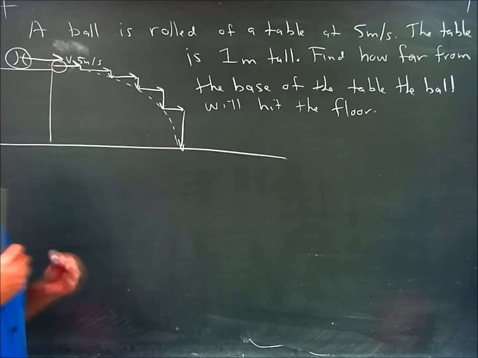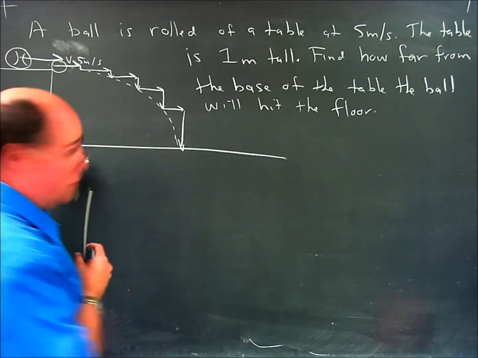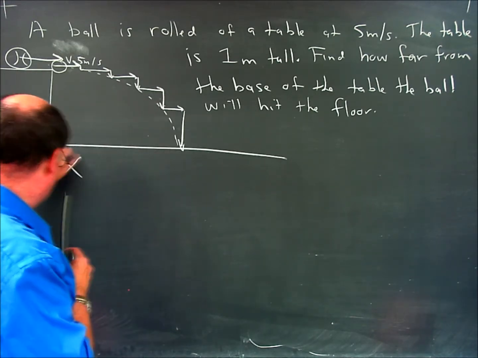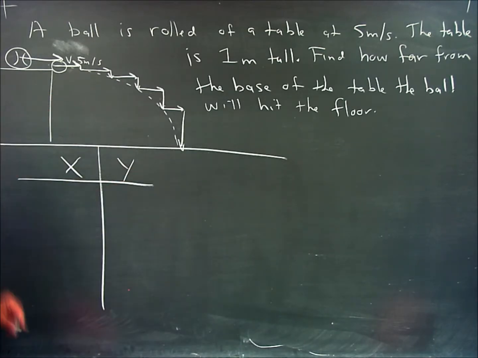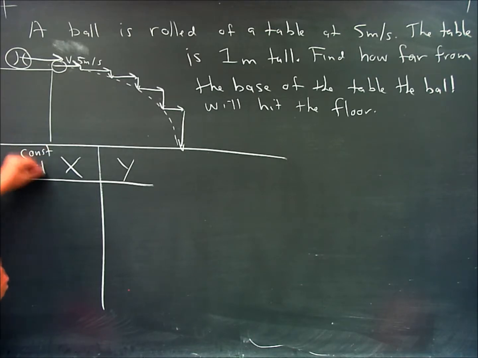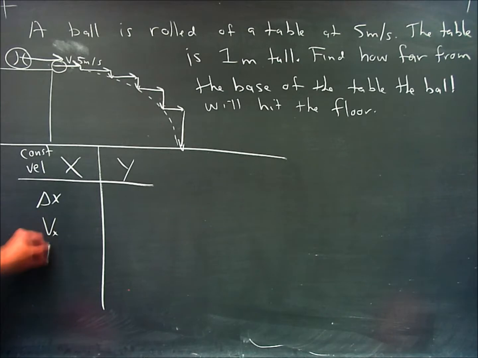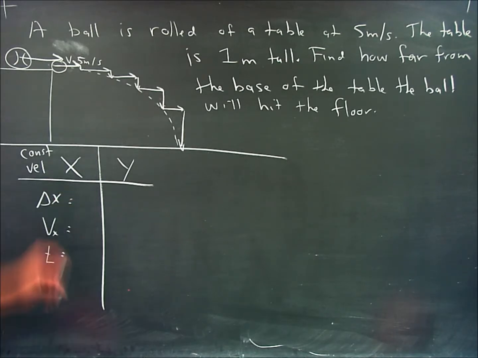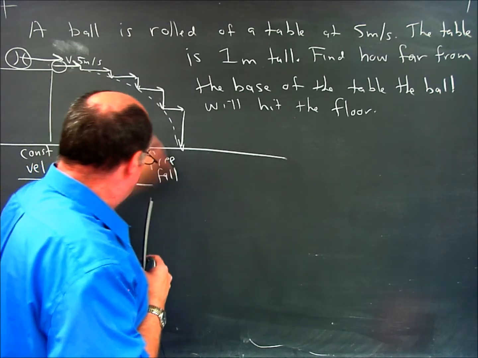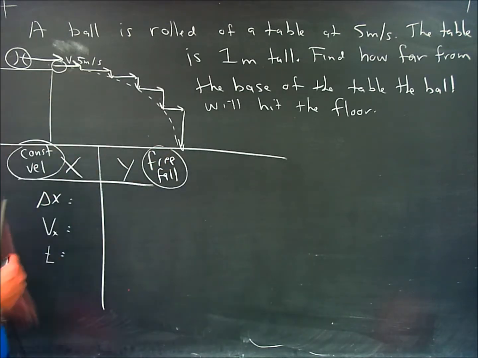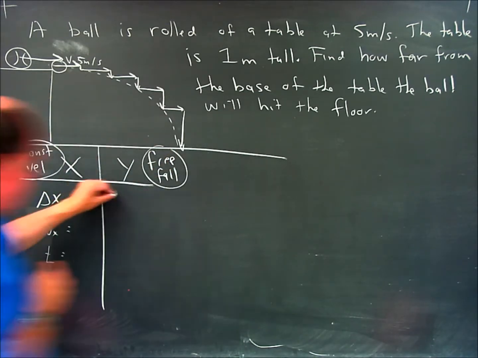So if I broke all of these things down into an x and the y component, I could make like a table. In the x direction, we're talking about constant velocity. So the only things I'm going to need are delta x, v in the x direction, and t. In the y direction, we'll be talking about free fall. And the only things I'm going to be needing there will be everything with free fall.